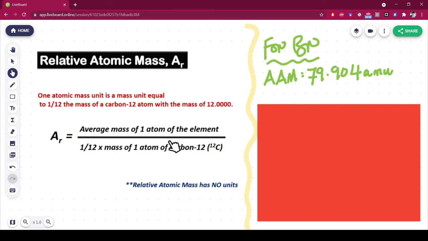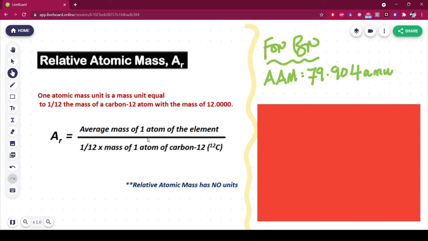Some of you might be asking, why must we use carbon-12? Can we not use something else? Before this, all of the chemists came together to have a unified understanding on this. We do have a different way to produce a relative atomic mass, but that is not in your syllabus.